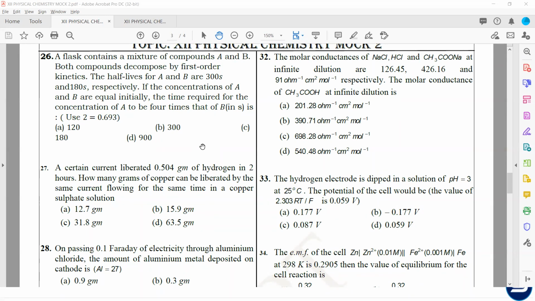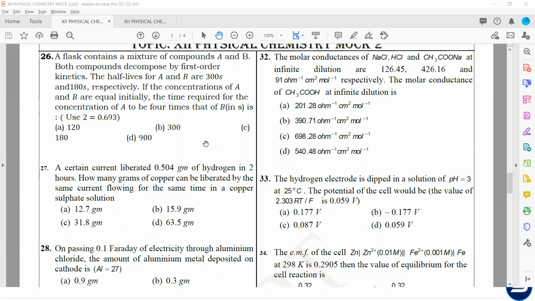I took the common multiple of the half-lives of both. 900 is the common multiple. And then for verification, I just checked the concentrations of A and B, and I found A to be 4 times. Yes, initially they are equal and after time t it is 4 times.